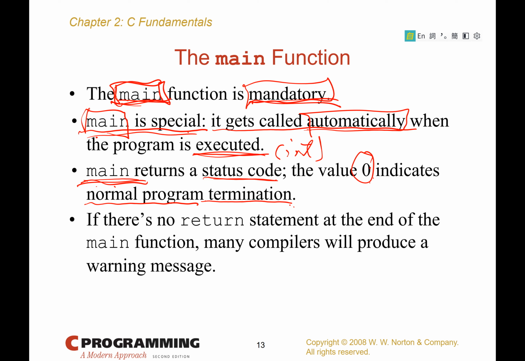If you have some integer value that is non-zero, you can use this non-zero value to indicate what kind of error is encountered during the program. Say 1 represents some kind of error, 2 represents another kind of error, 3 represents another kind of error. But 0 means the program terminated normally and executed normally.